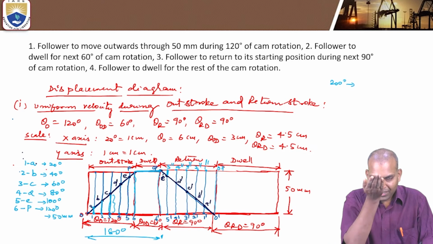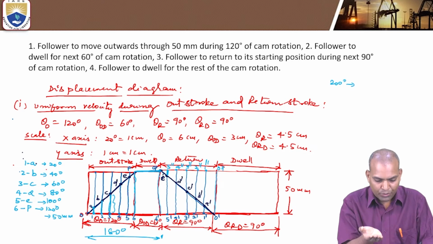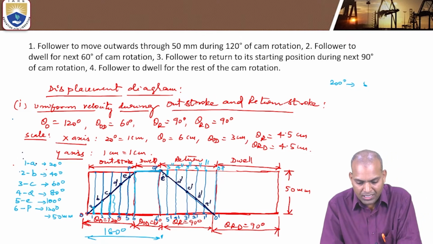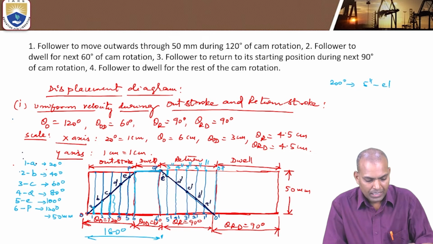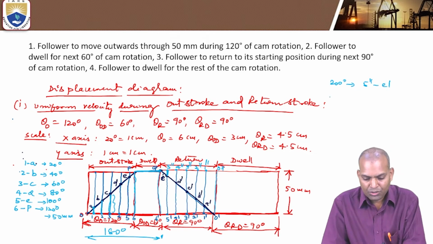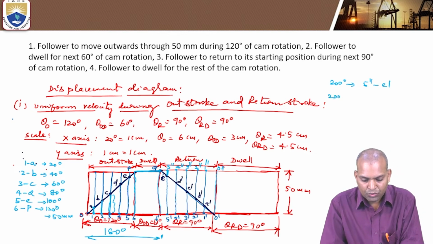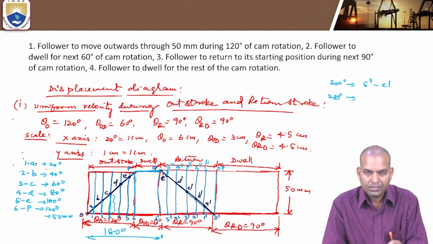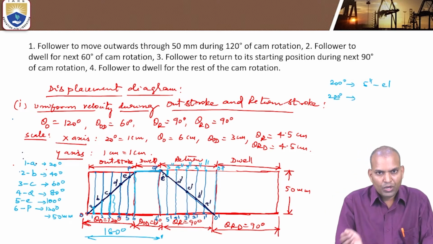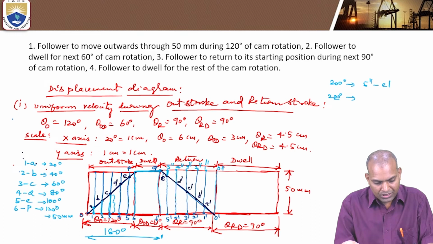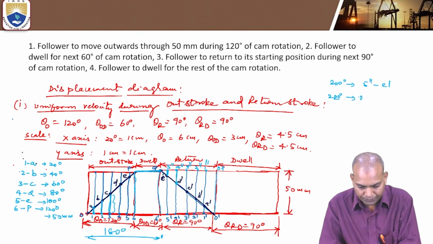Now the coming down, the return stroke, means the follower comes down for 200 degrees of rotation, that is 5 double dash E dash. For the next 20 degrees, 200 plus 20, that is 220 degrees of cam rotation, the follower comes down. This is 4 double dash D dash.